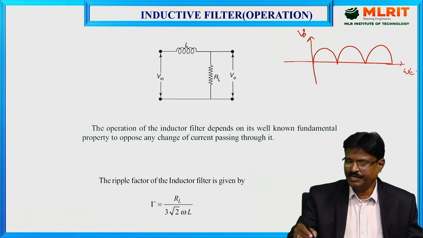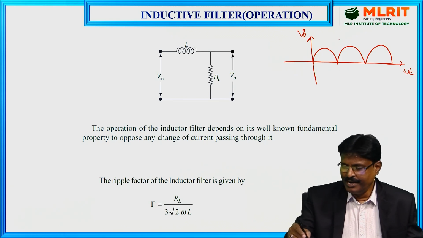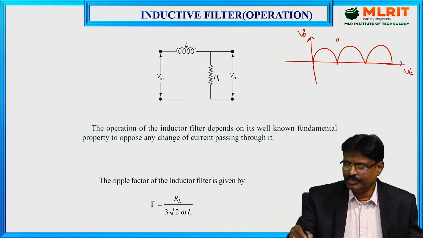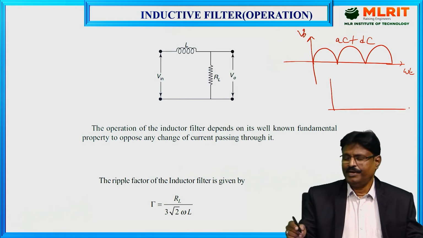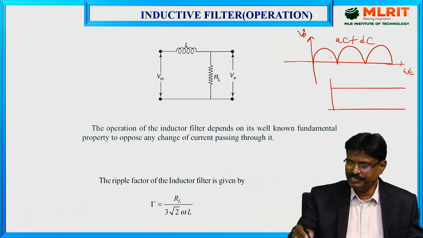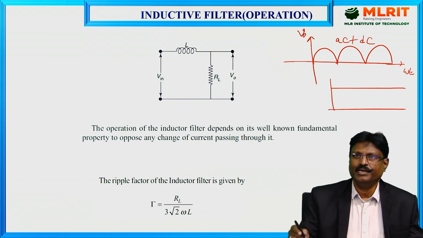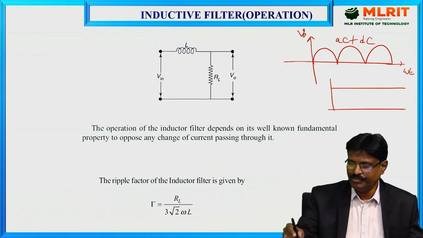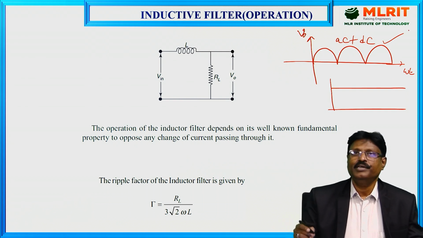The meaning here is it contains both AC components plus DC components, but the rectifier output must be a pure DC like this. Pulsating DC means it is a combination of both AC components and DC components.